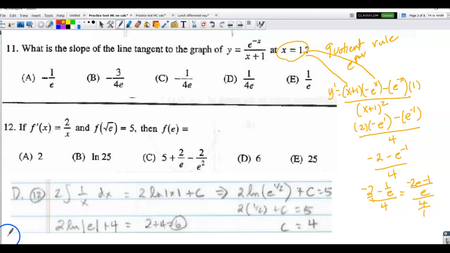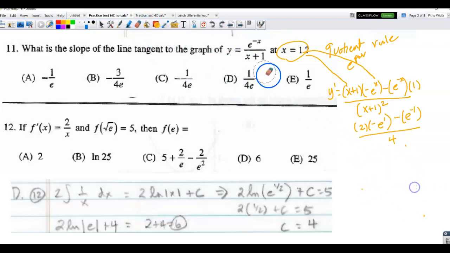Let me figure out where that mistake is. Okay, so I found the mistake. So let me back up here. My eraser. So I was substituting the value of 1, and I did that. Right here, when I multiply, I get -2e minus, and since this is e to the -1, I'm going to make that 1 over e, over 4 over 1.